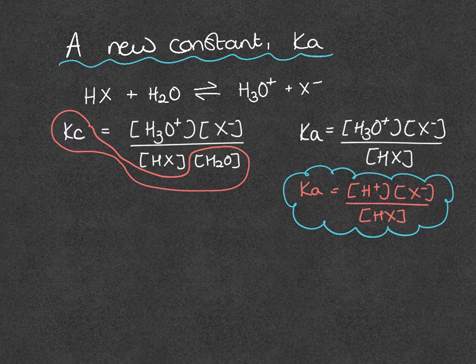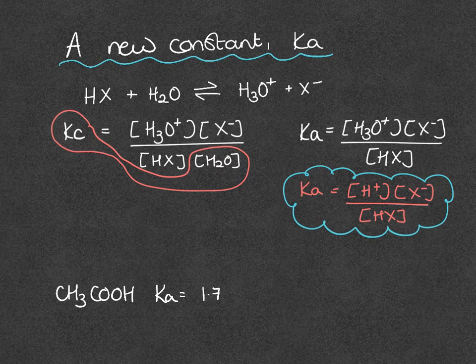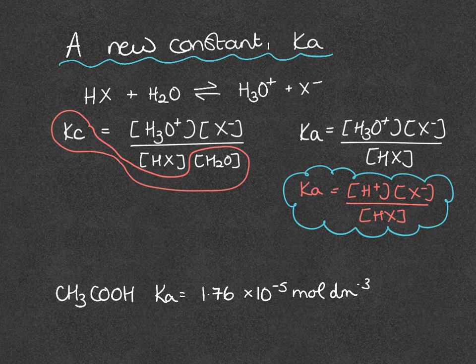So if we have got ethanoic acid, then the Ka is 1.76 times 10 to the minus 5, and that's moles per dm cubed. Let's compare that to a different acid. Let's compare it to carbonic acid.